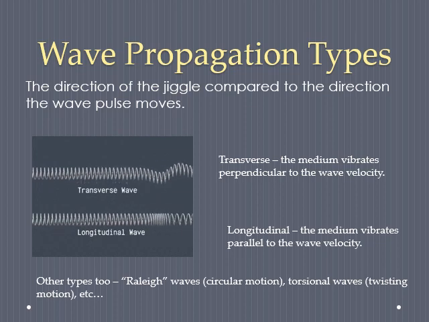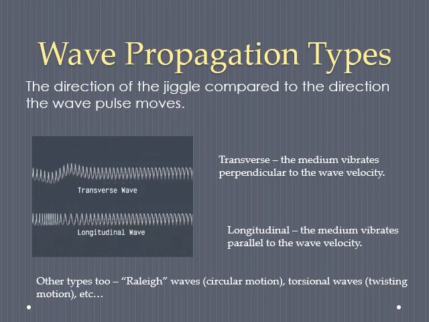In a transverse wave, if you follow one little piece of that slinky, for example, it moves up and down when the wave goes past it from left to right. Another way to describe that mathematically would be the medium vibrates perpendicular to the wave velocity. The second kind of wave shown there in the animation is called the longitudinal wave.